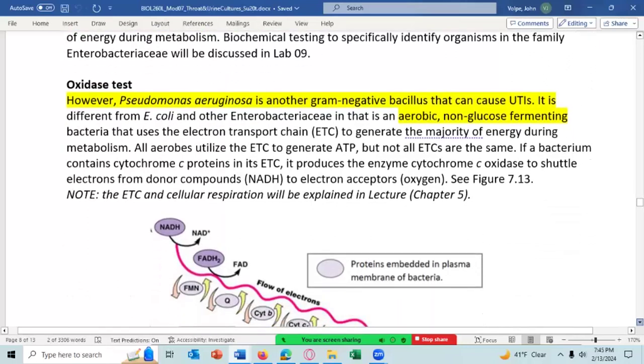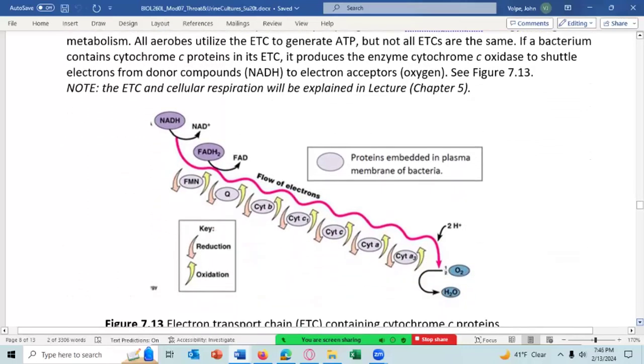Let's talk a little bit more about the oxidase test. The oxidase test is looking for the presence of cytochrome C, which is in the electron transport chain of an organism performing aerobic respiration.